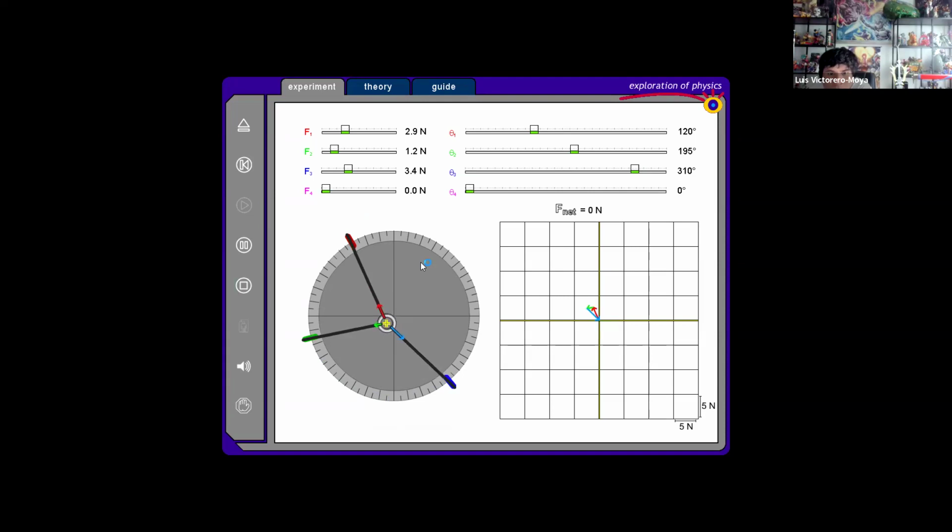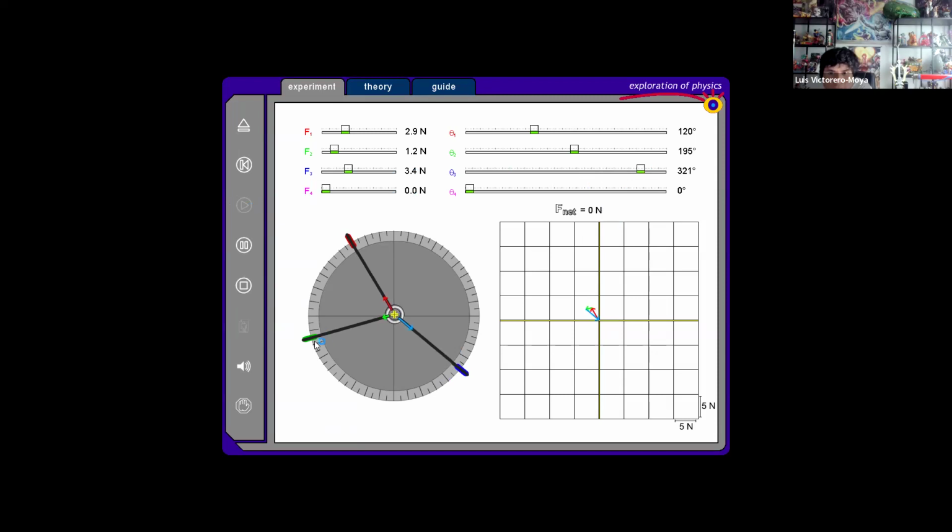Okay, so I get a net force of 0 after. So it's close. It might be because of the amount of force. So let's make it a bigger angle, maybe 313, and let's see. So what I'm doing right now is I'm looking at the equilibrium. For the equilibrium, that shouldn't move that much.